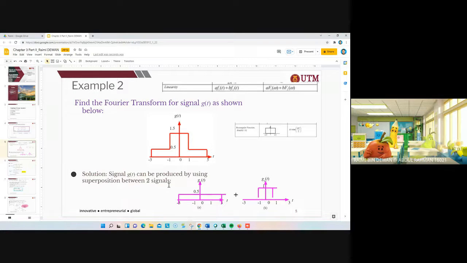For this particular g1(t), tau is 6. And for this one, tau over 2 equals 1, so tau equals 1 times 2, which is 2. I think you are familiar already.